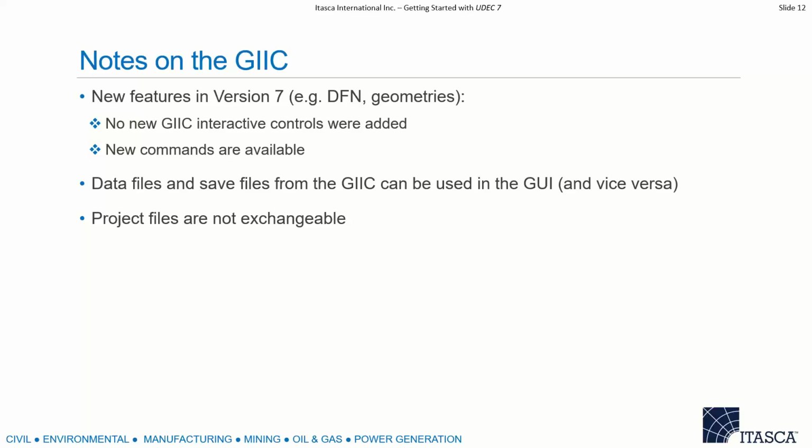I should also note here that, like I said, the GEEC produces data files, and the GUI also produces data files. These are exactly the same. You can run a data file from the GEEC in the GUI, and you can run a data file from the GUI in the GEEC. Similarly, the save files: if you save a model in one, you can open it in the other. The only thing that is not interchangeable is the actual project files, which are the container of all of your data and save states, and I'll talk a little bit more about that later.